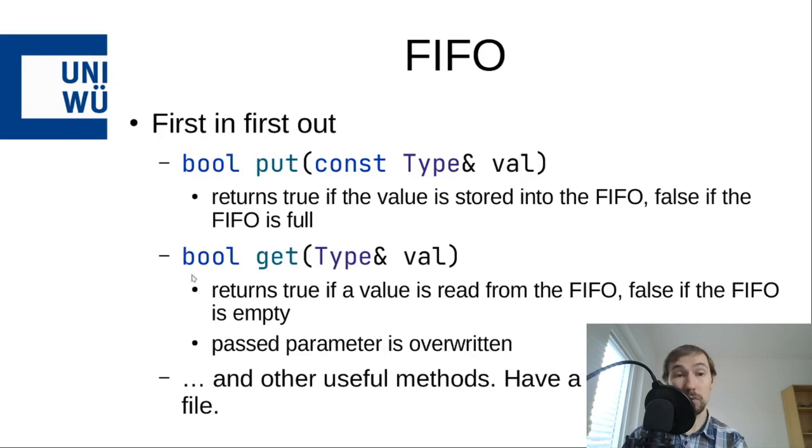The get method also returns a Boolean value, which returns true if new data is available and the data has been written to the parameter variable, and false if the FIFO is empty and therefore there is no data to be written from the FIFO. In this case, the variable is not touched at all.